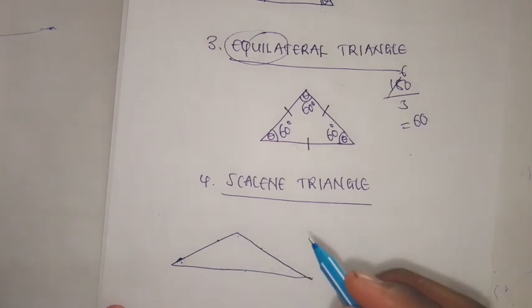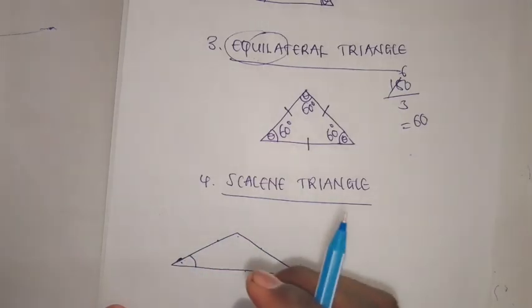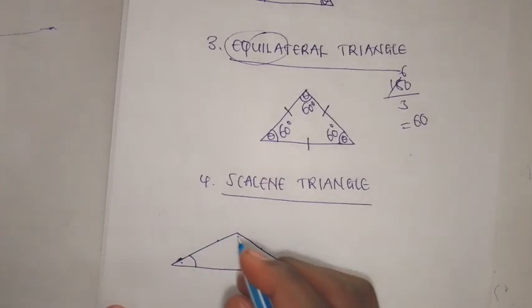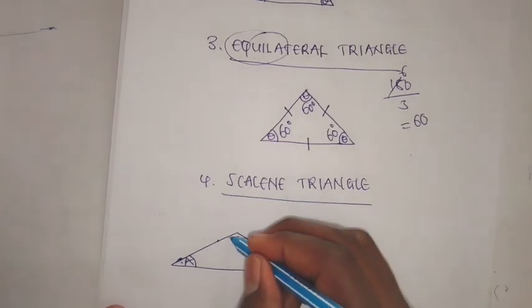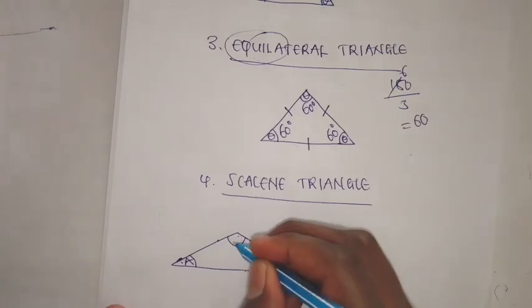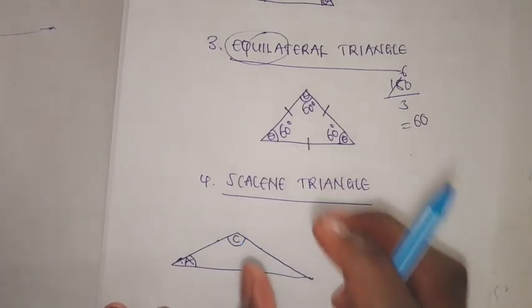So here, this one is our A. Let's say this is our C. Let's just name them.